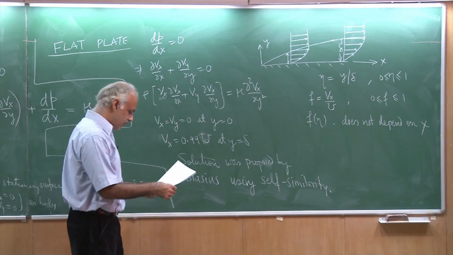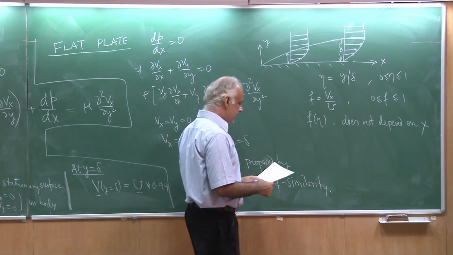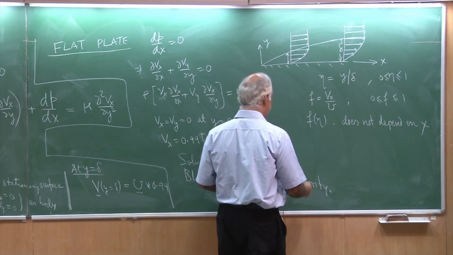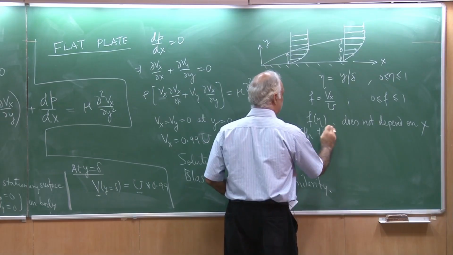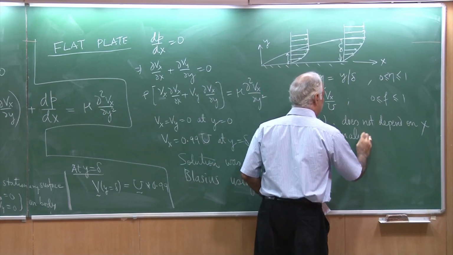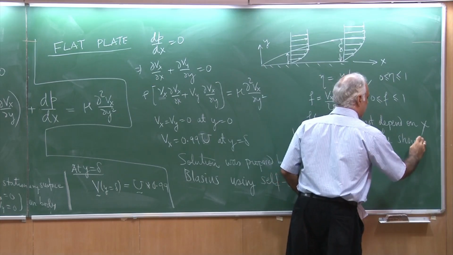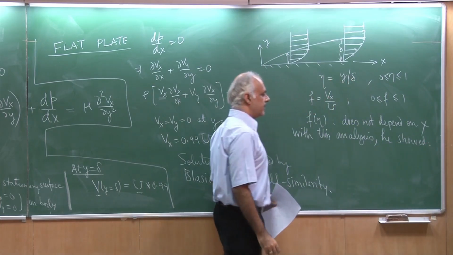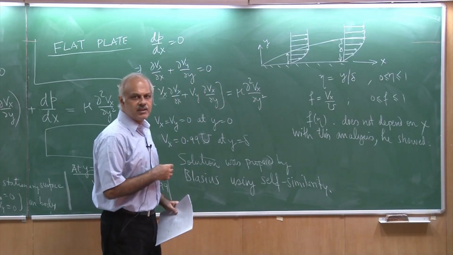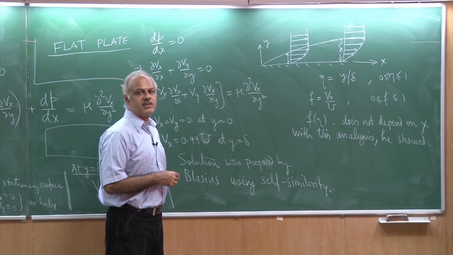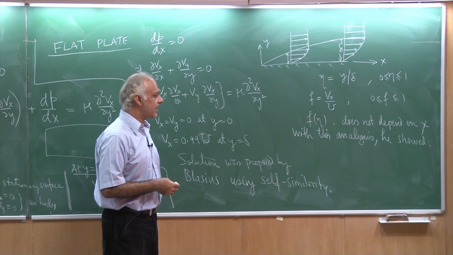I am not going to go into the details, you can read that up. And what he was able to show is that with this analysis, he found a numerical solution. In fact, he was able to reduce this problem of partial differential equation into an ordinary differential equation. Okay, and he was able to solve that on a computer.